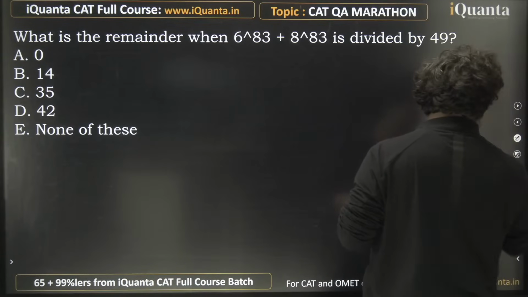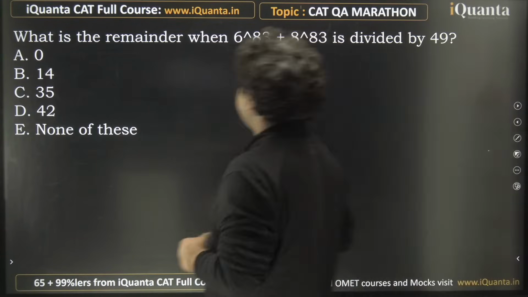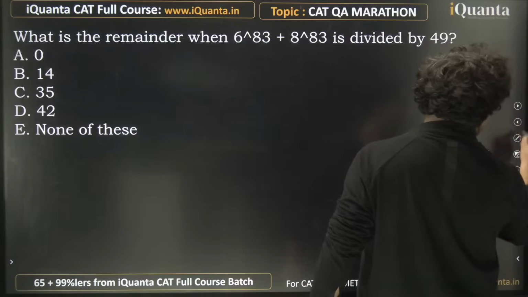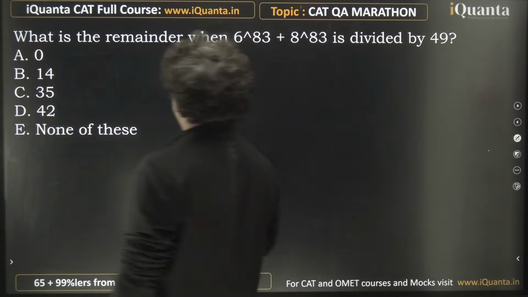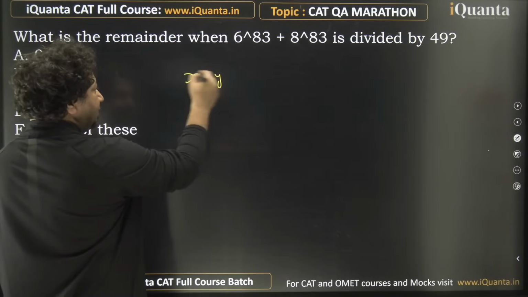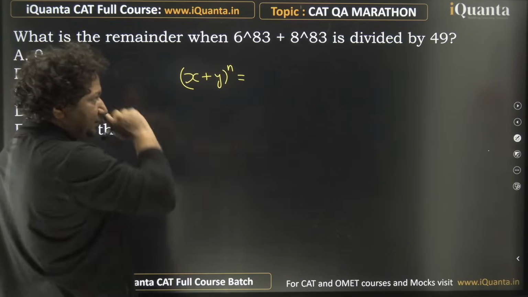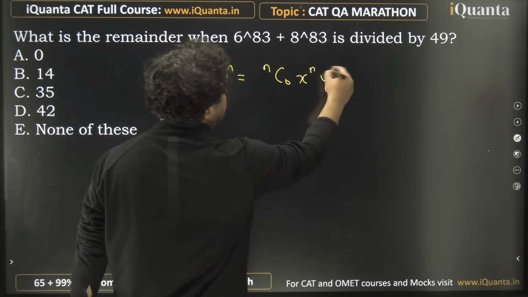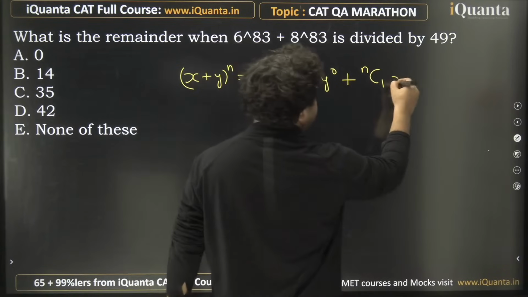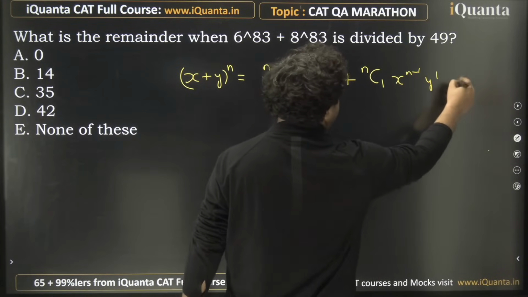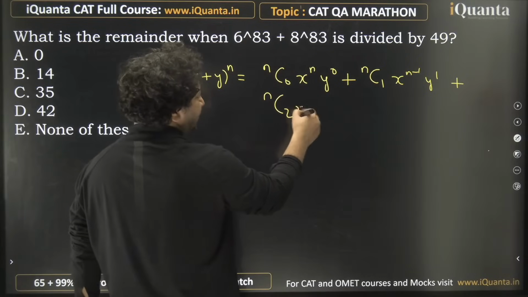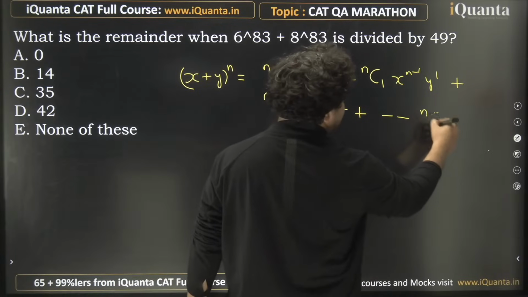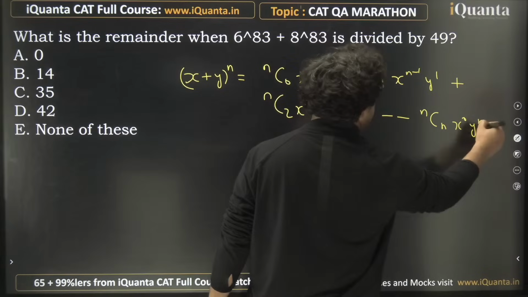Now try to understand this part. x plus y raised to the power n is equal to nC0 x to the power n y to the power 0 plus nC1 x to the power n minus 1 y to the power 1 plus nC2 x to the power n minus 2 y to the power 2 and so on till nCn x to the power 0 y to the power n.